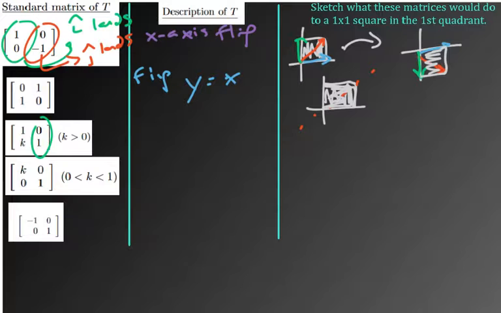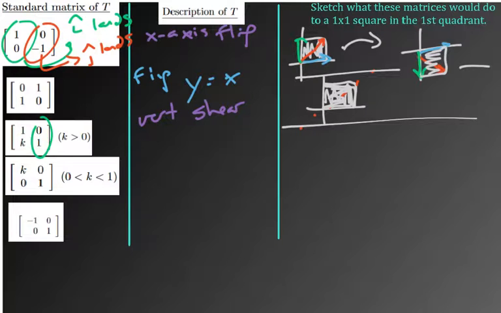Even 1, 1/2, or 1 and 0.1, basically it's moving the basis vector i hat up off of the x-axis. And in terms of this piece, it's going to give you a rhombus-y kind of parallelogram sort of shape. And so we would call these things vertical shears, all right? And what it would give you, so I didn't give myself a lot of room here.